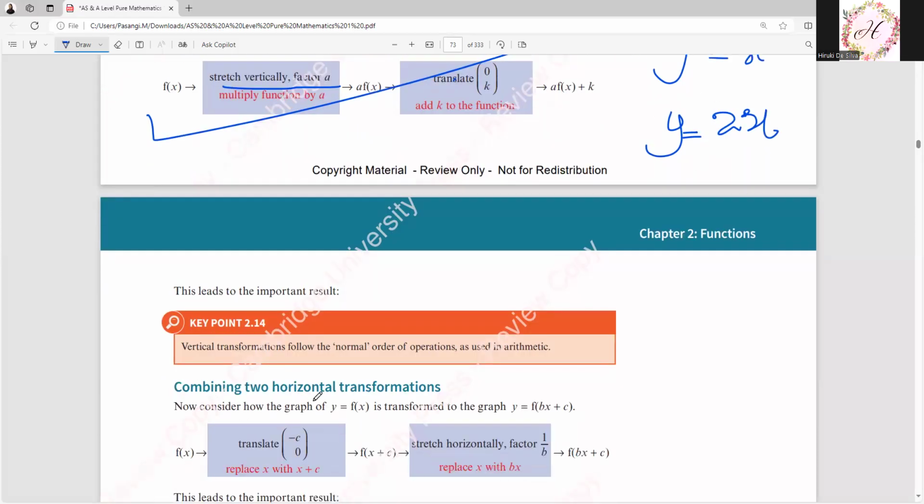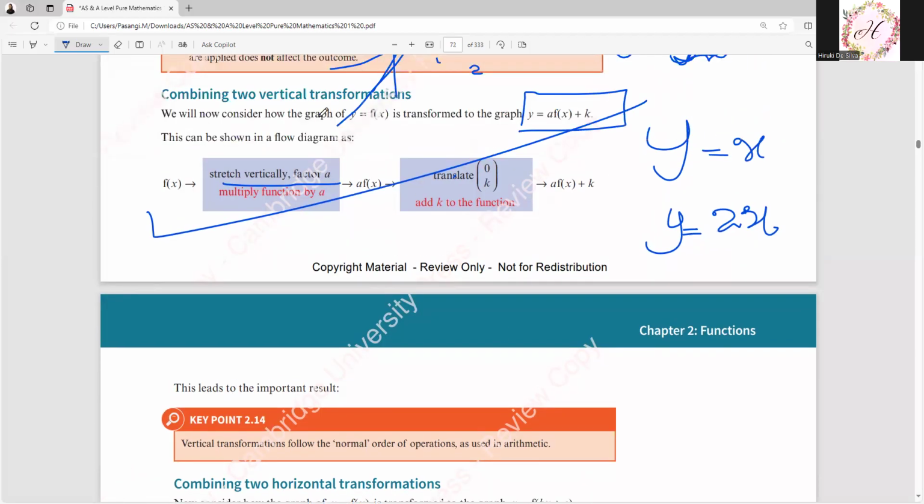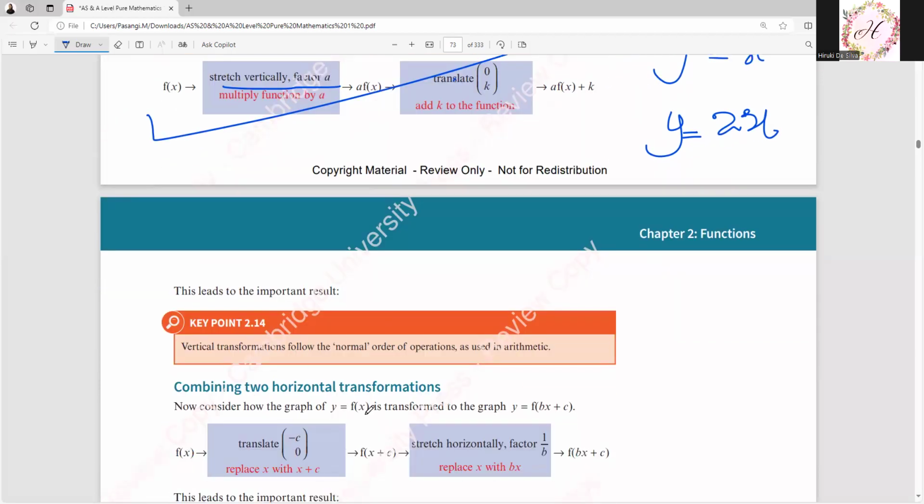How we combine two horizontal transformations. The first part was two vertical and the next one is two horizontal transformations. If it's two horizontal transformations, first we need to do the translation and then we do the factoring, that means the stretching part.